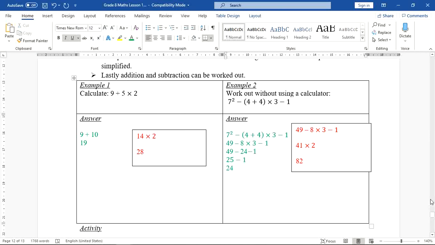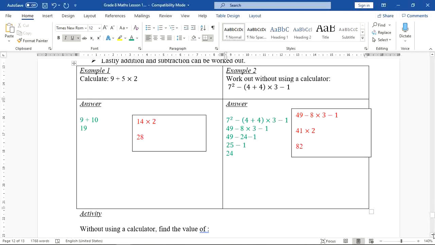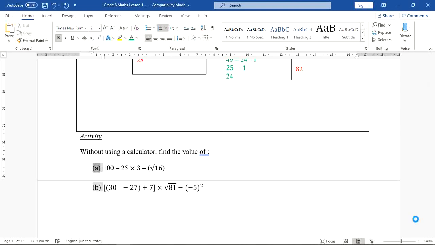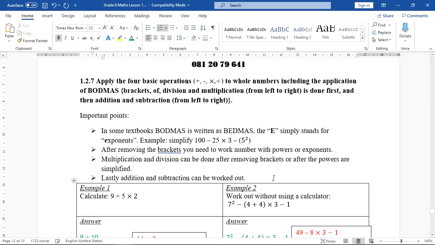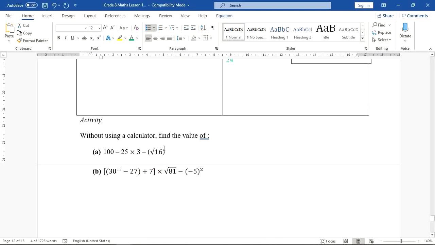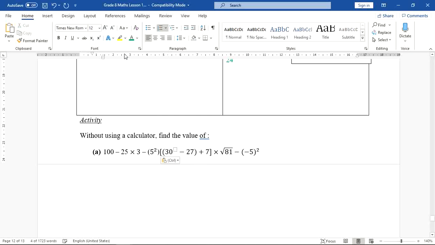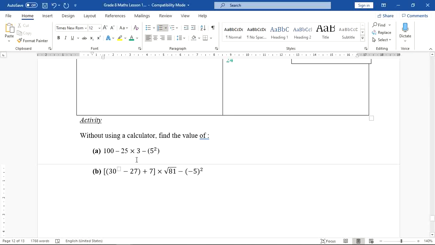Now for your homework, I want you to try these 2 activities. The first one is 100 minus 25 times 3, and then minus, open bracket, 5 exponent 2, close the bracket.